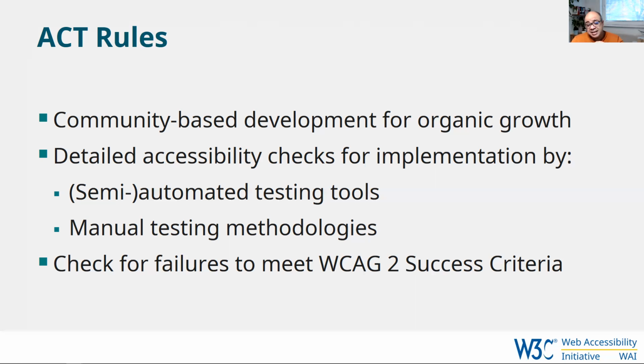Now, one specific thing about ACT rules, and this relates to how WCAG 2 is designed, is that it's usually easier to catch failures than to confirm a pass or that the requirement has been met.